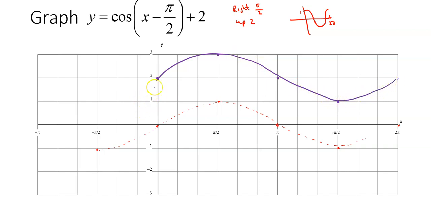Right, we can do the same thing on the other side also, like so. So there's my graph for the cosine function. All right, let's try the next one.